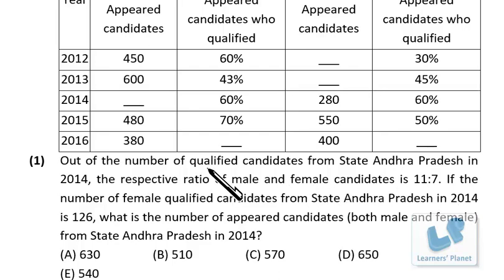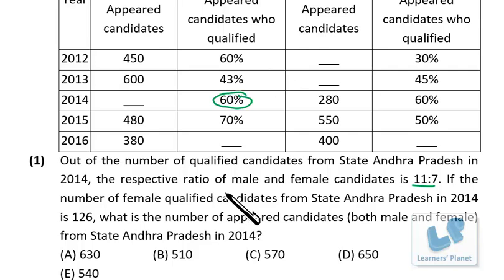The number of qualified candidates is 60%, and male to female is 11:7. If the number of female qualified candidates from Andhra Pradesh in 2014 is 126, what is the number of appeared candidates?